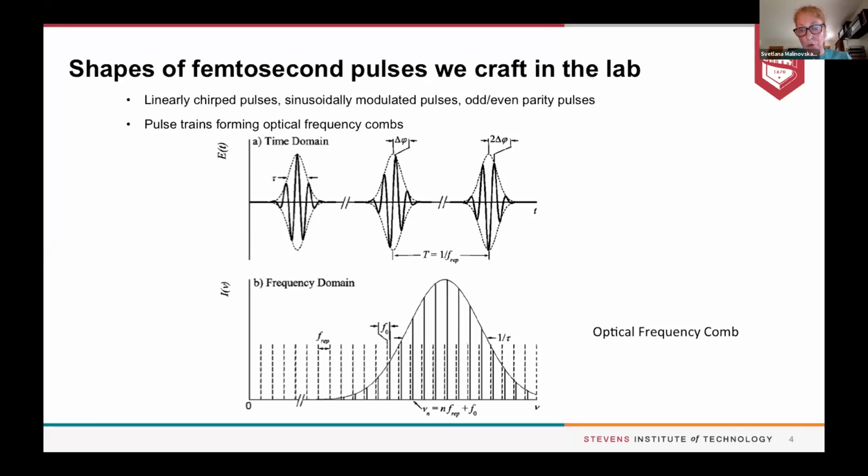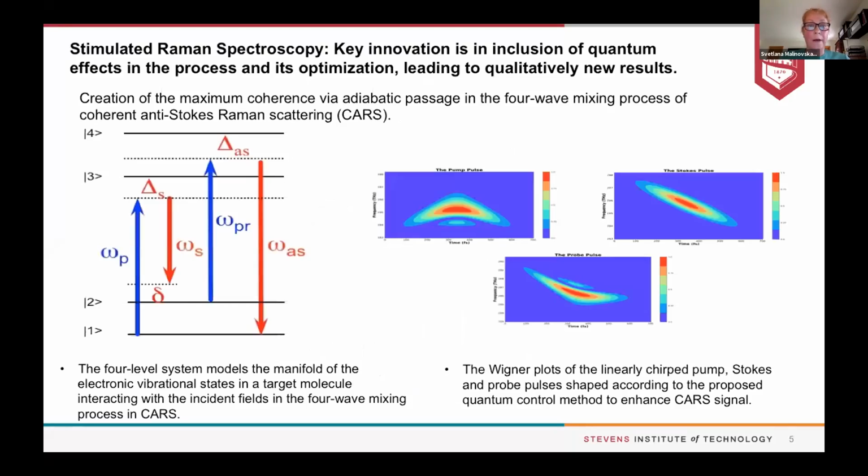It is as if about 1 million continuous wave lasers are shining simultaneously. You may imagine that. So this is a unique spectroscopic tool. There was a Nobel Prize awarded for high precision spectroscopy using the optical frequency comb, I think in 2005. We also pay a lot of attention to using this unique tool for control.